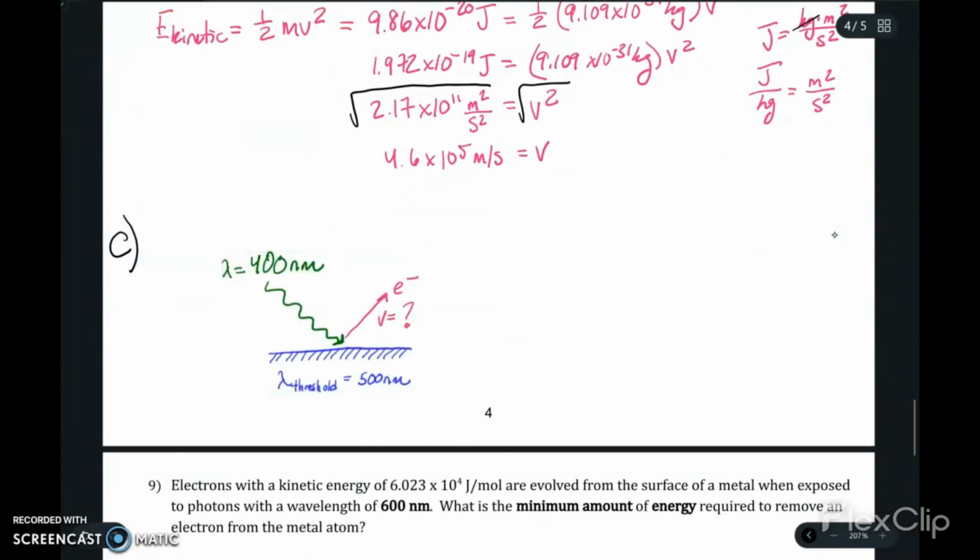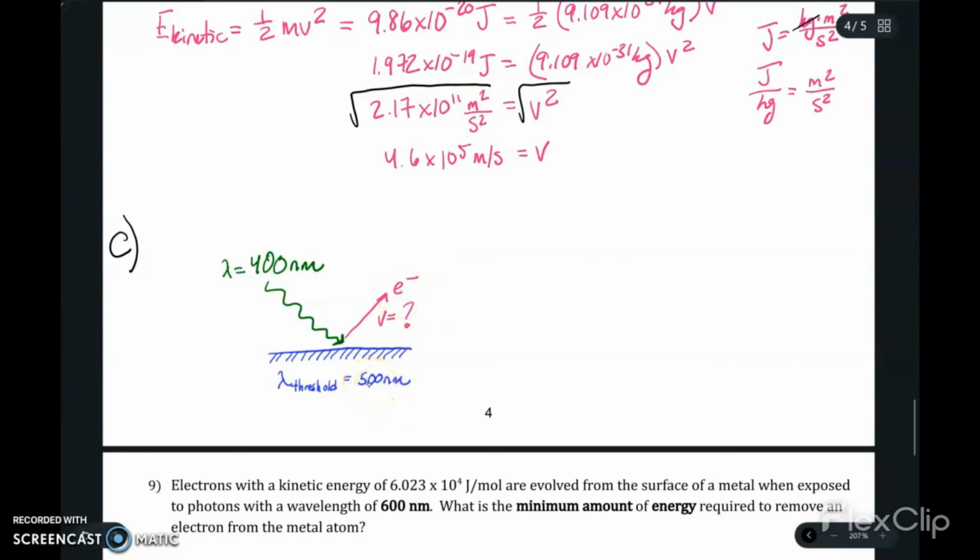If we go back to this diagram, we talked about for part B how if the threshold wavelength for the metal is 500 nanometers, that says that light with a wavelength of 500 nanometers has just enough energy to eject an electron with 0 velocity, right?